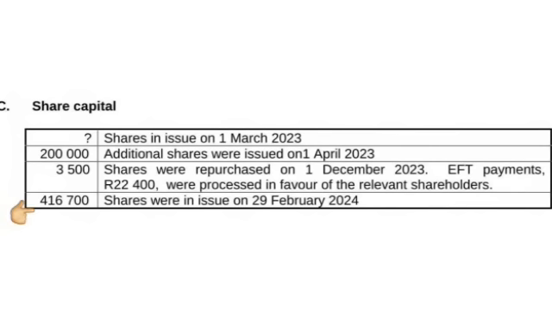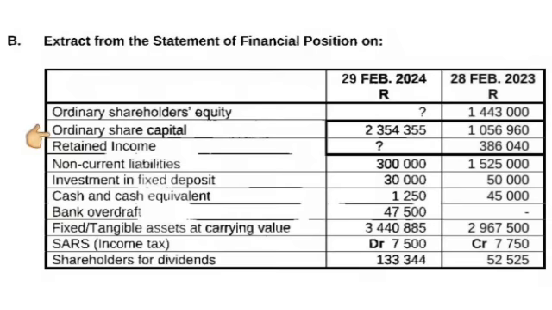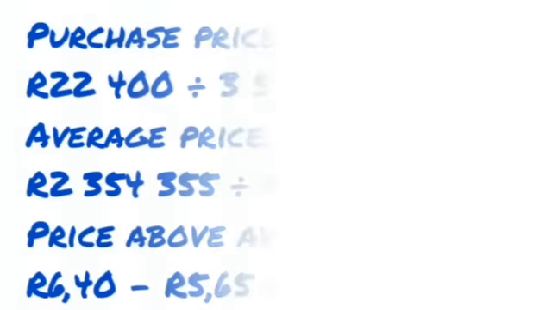Why is it important? Because we are going to use the amount to figure out our average price. So to figure our average price as well, we are going to also have to use the ordinary share capital at the end of our year, which is the 29 February 2024, and we see it there as 2,354,355. So all of these amounts, keep them in mind, write them on the side.